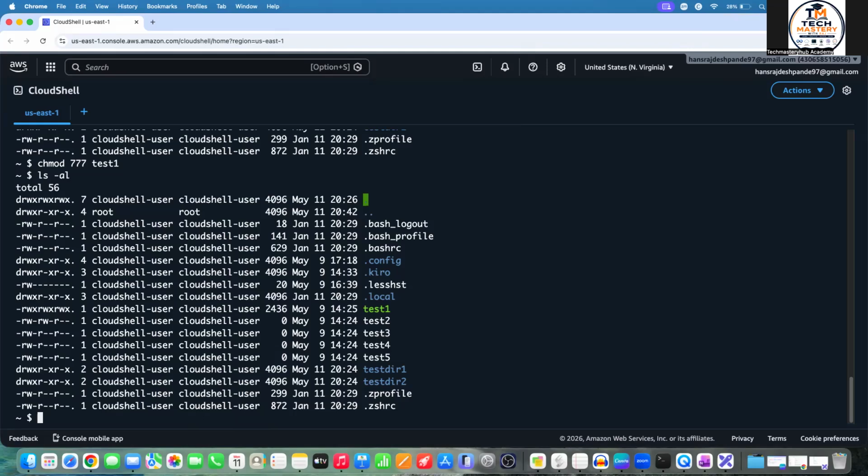Do not grant 777 authority to anyone in production. Okay, this is the most important Linux skill for DevOps engineers, because it directly impacts security, CI/CD pipelines, cloud deployments, containers, and also Linux servers.